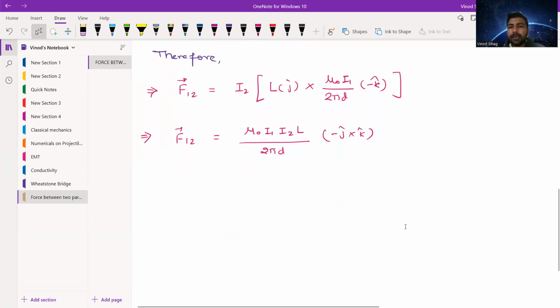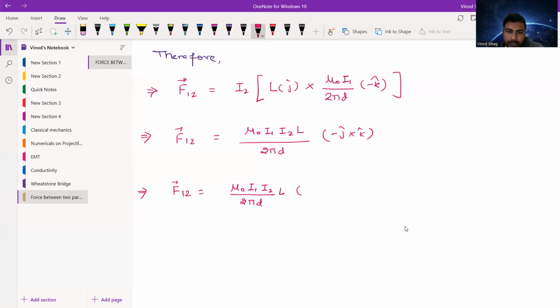We know that j cap cross k cap is nothing but i cap. So F12 vector is mu naught I1 I2 upon 2 pi d into L, and the direction is minus of i cap.